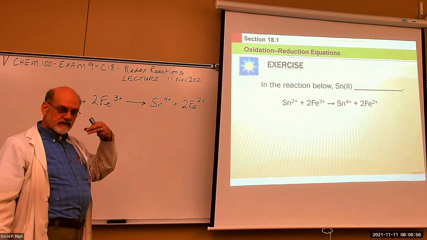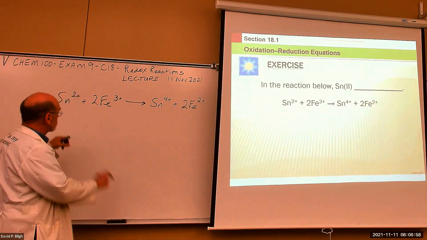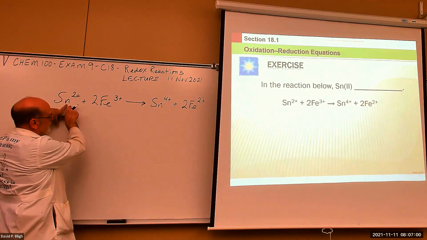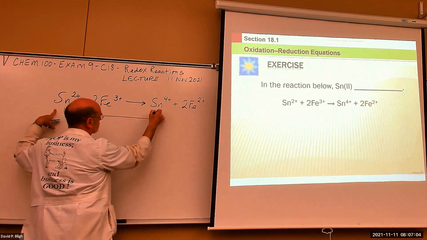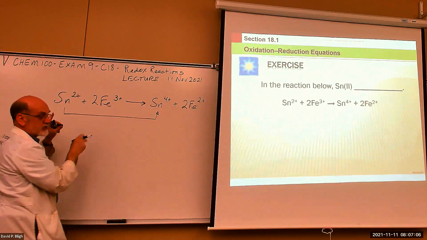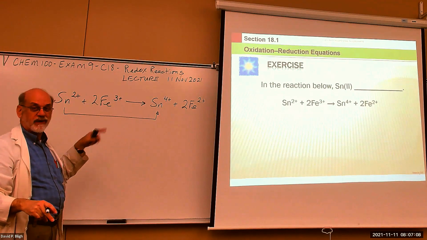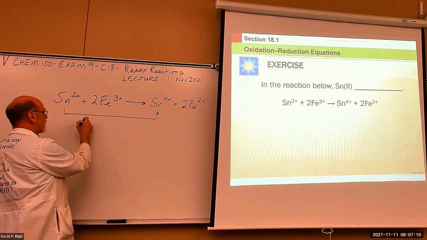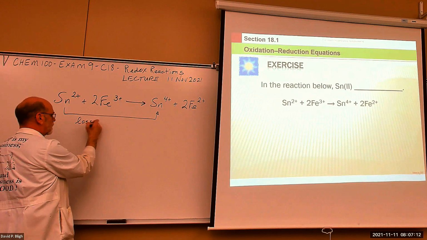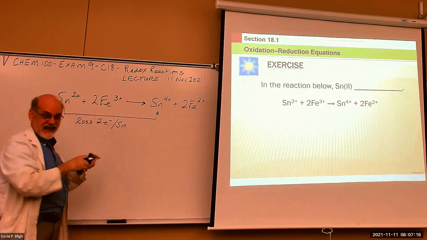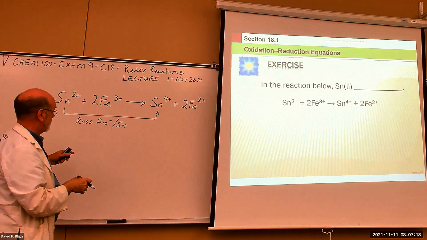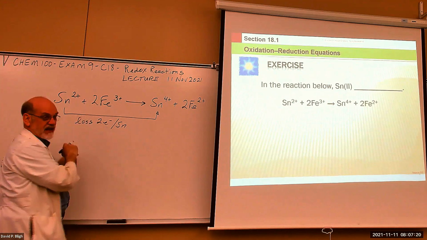So in order to figure out who lost electrons and who gained electrons, we look at the difference between this tin and that tin. This one had to lose electrons to become more positive. So how many did it lose? It lost 2 electrons for each tin atom. That means iron had to gain electrons.